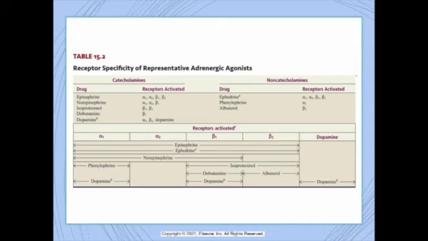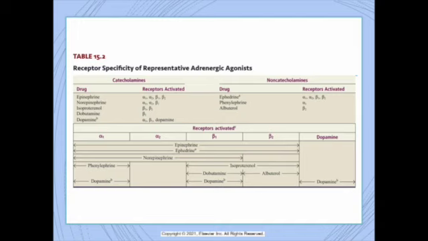This table is worth reviewing more than once and maybe even memorizing. You can see the difference between the catecholamines on the left and the non-catecholamines on the right, and the receptors that they activate. Below, you see the receptors activated specifically by each drug. Here you note that albuterol is highly selective, the most selective for beta 2. However, we see that isoproterenol can also work on beta 2, but it works on beta 1 also.